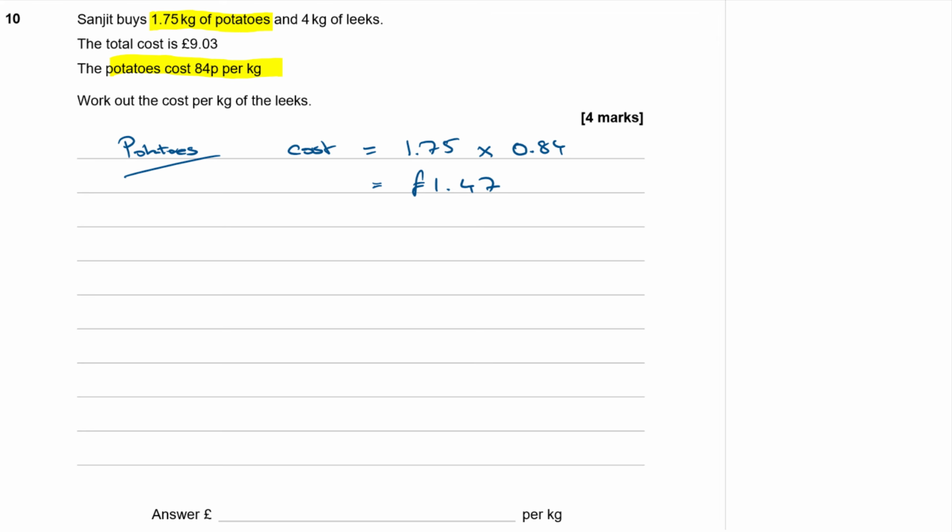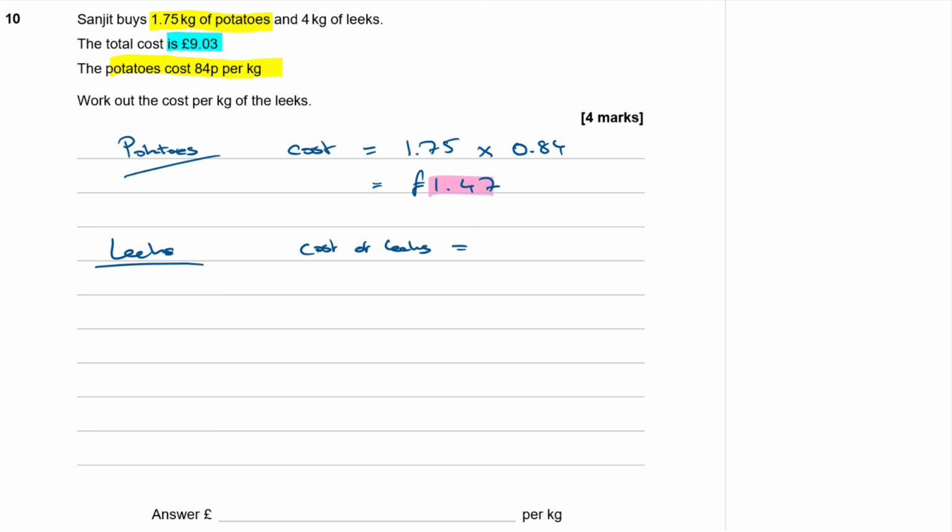Okay, so then switch into leeks now. How much did we spend on leeks? Well, cost of leeks, that's going to be the total cost up here, look, total cost minus the cost we spent on potatoes.